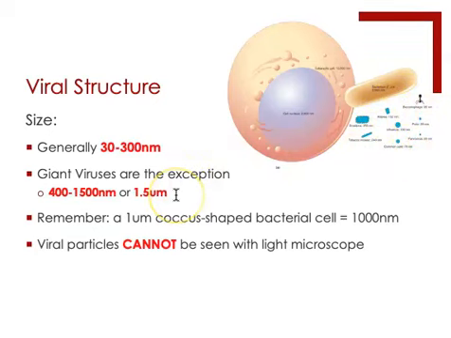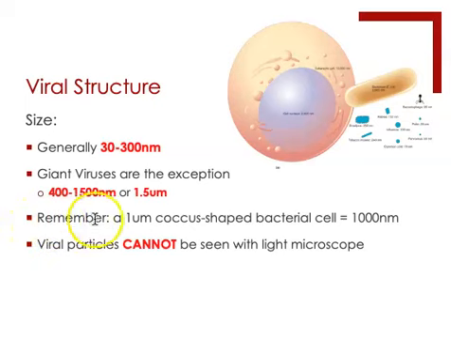The giant viruses are the exception. That's how they got their name. Giant viruses range in size from 400 to about 1500 nanometers. And 1500 nanometers is the same as 1.5 micrometers. So the largest of the giant viruses are the same size as the smallest of the bacteria. You can understand why scientists didn't know they were looking at a virus for a long time.